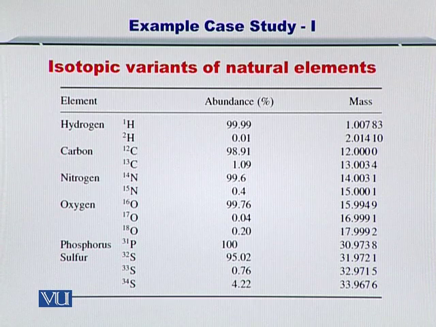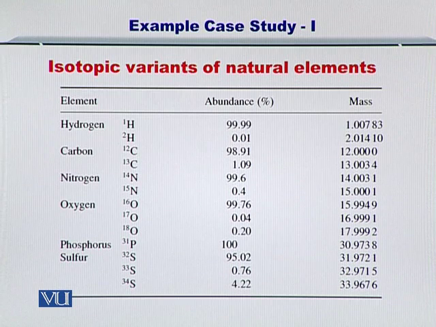So in order to calculate the monoisotopic mass, you have to look at the most abundant isotope. For instance, in this case, hydrogen 1 is the monoisotopic mass. For carbon, carbon 12 or 12.00 Daltons is the monoisotopic mass.